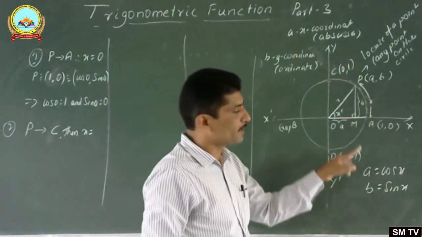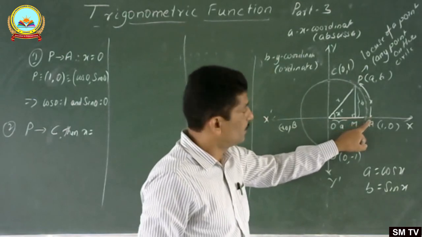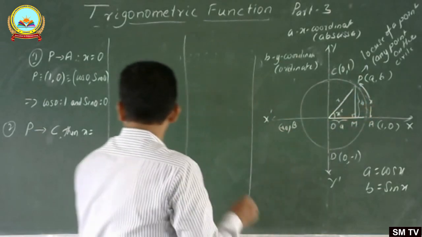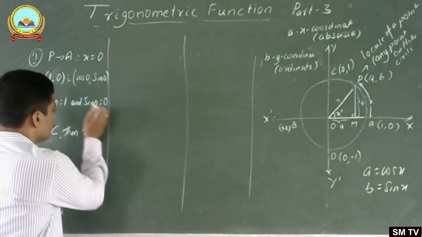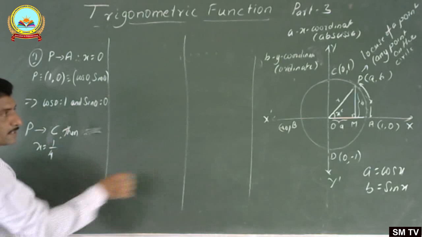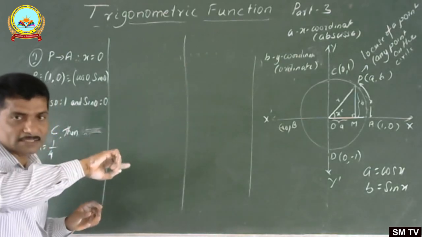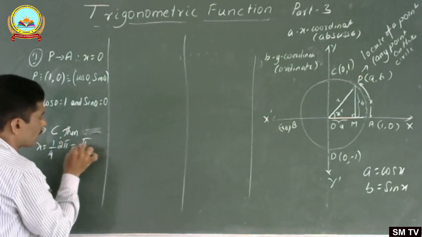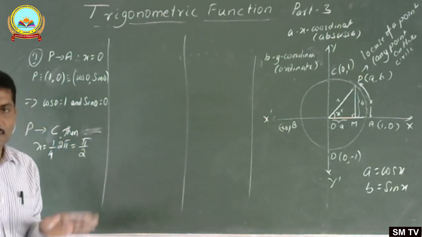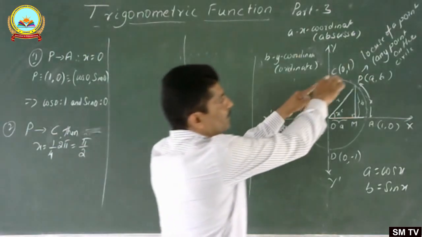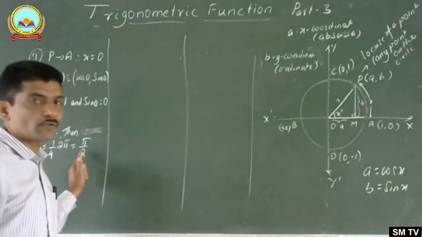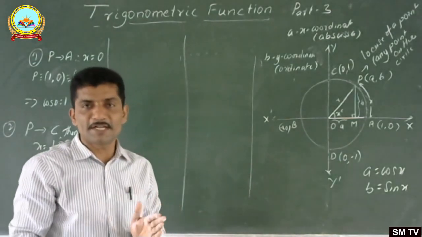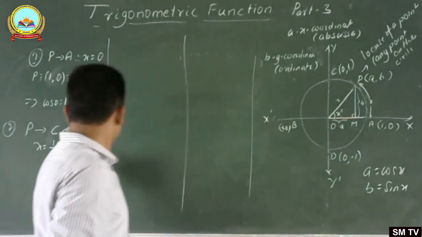Here the arc length is 1/4 of the circumference of the circle, 1/4 into 2 pi r. Here r is equal to 1, so it is pi by 2 radian or pi by 2 units. Therefore x is equal to pi by 2, the center angle is pi by 2 radian.